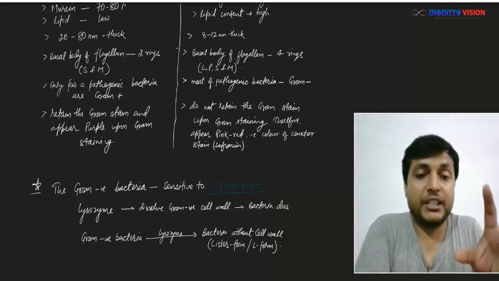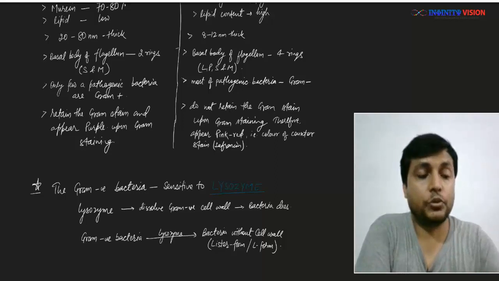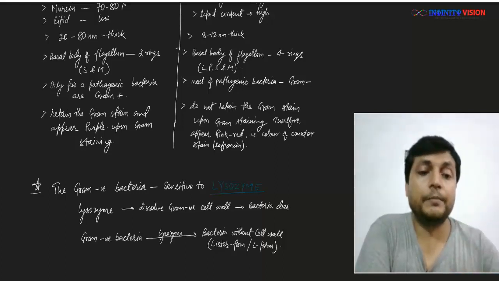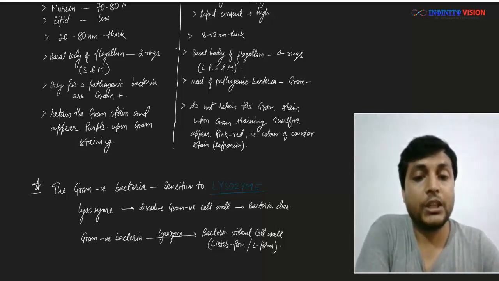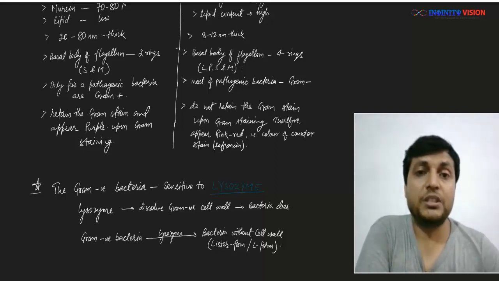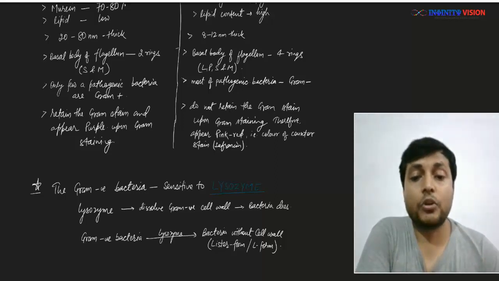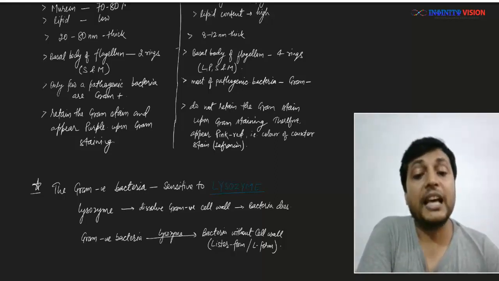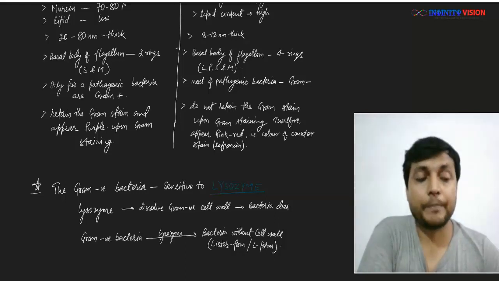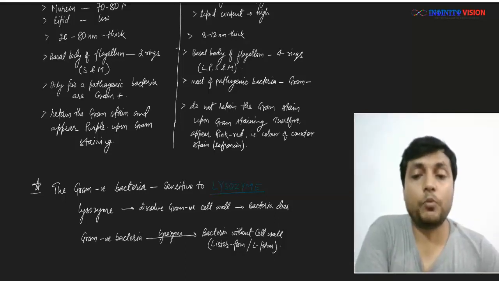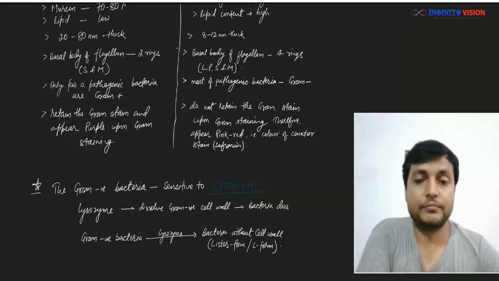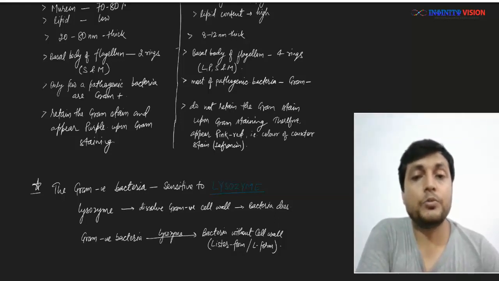So if a gram negative bacteria has been treated with lysozyme, its cell wall will be dissolved by this enzyme, and a bacteria without cell wall will be left. Correct? Now this bacteria without cell wall is called Lister form or L form. It is very sensitive and it dies. That's why lysozyme is used as an antibacterial agent.